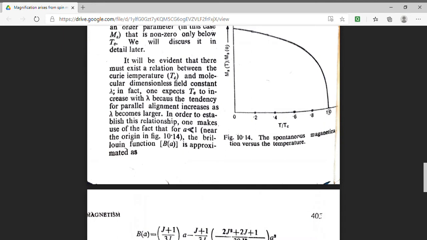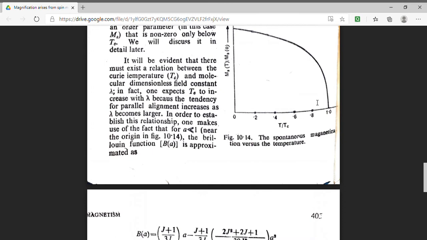This states that saturation magnetization exists only below the Curie temperature. Above the Curie temperature, a transition takes place from one form of material to another. That means below Tc, the material is ferromagnetic, and above Tc, the material changes to a paramagnetic material.